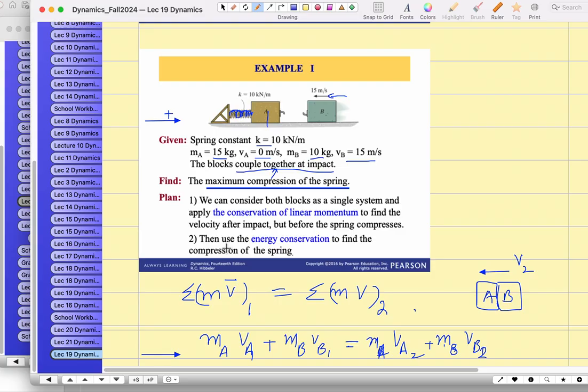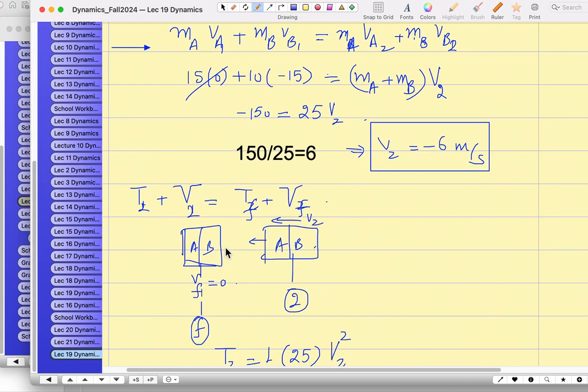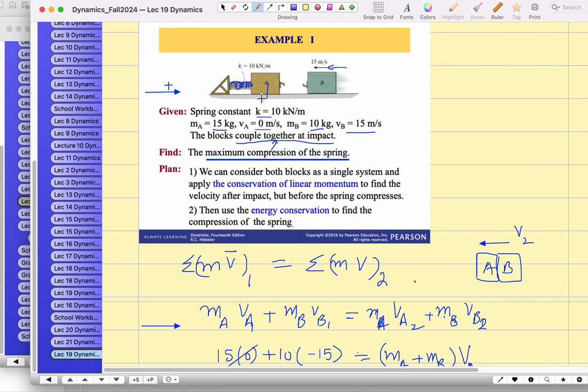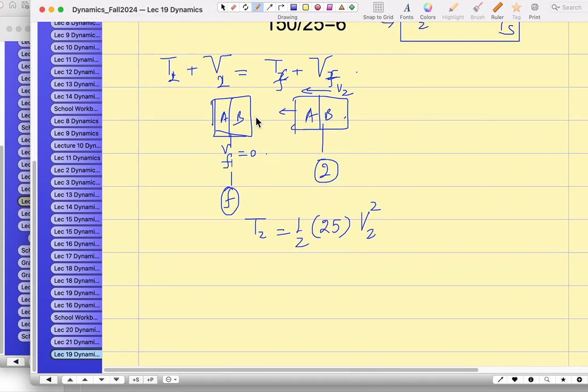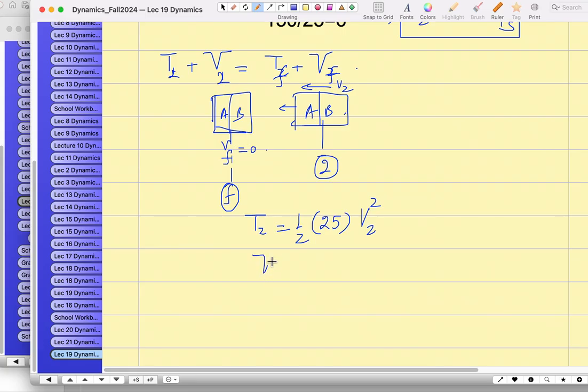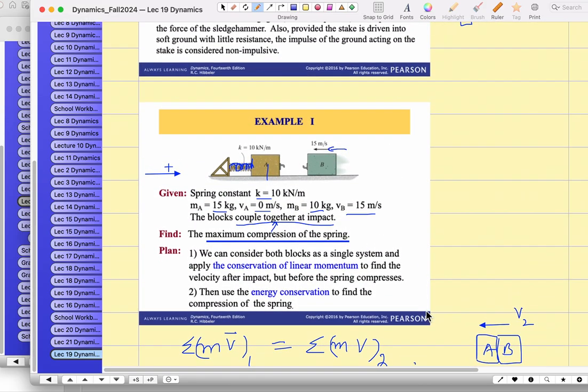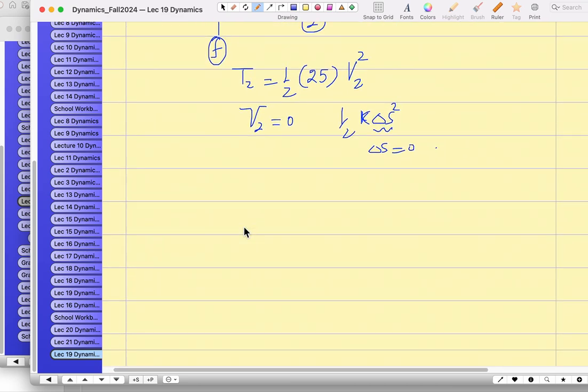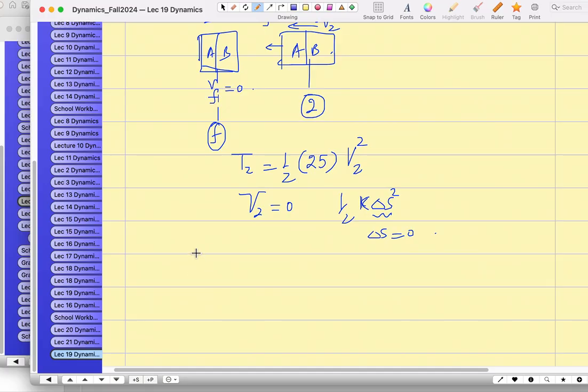It is unstretched. Try to understand. At position 2, the spring is still unstretched, so V2 equals 0, because half K delta S squared, where delta S is still 0. But as it is moving to the left, the spring is now very compressed. That compression needs to be found. This is our question.